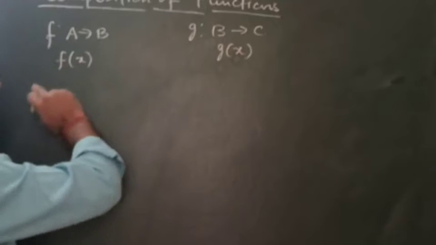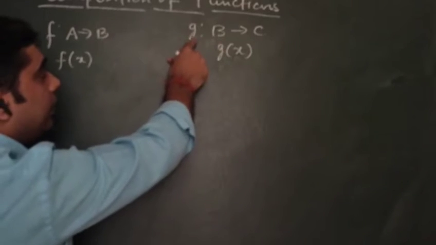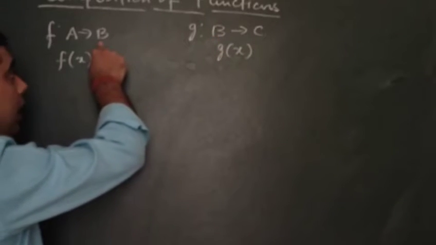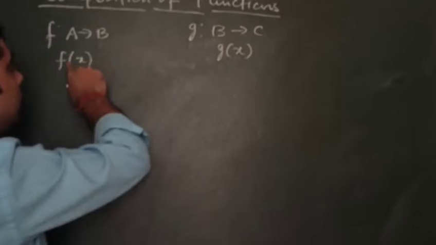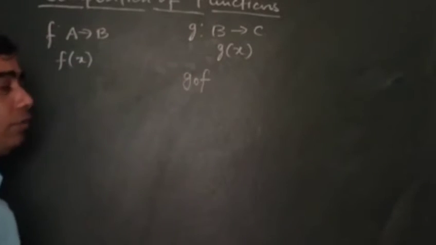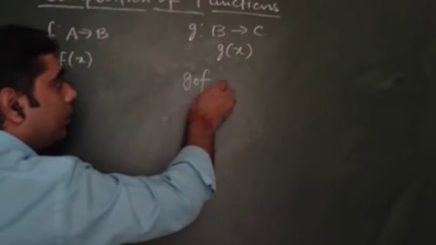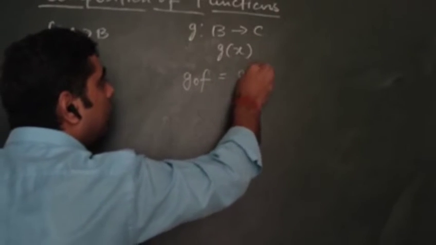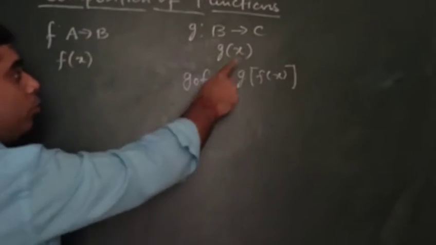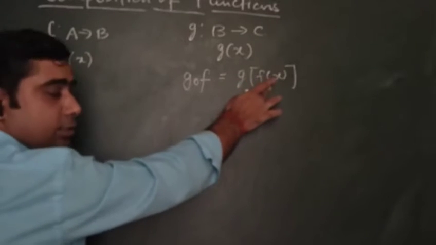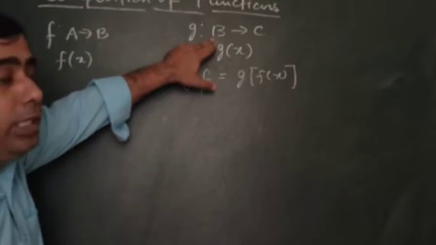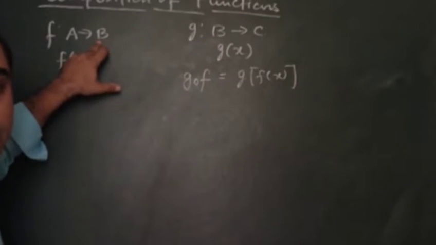Since g is from B to C and its domain is equal to the codomain of f, you can write g as a function of f, that is g(f(x)). In the function g, in place of x you put the whole function f(x). But the main and basic condition is that its domain should be equal to the codomain of function f.